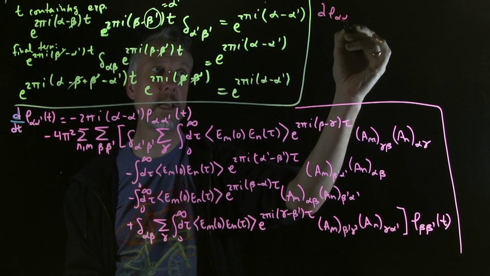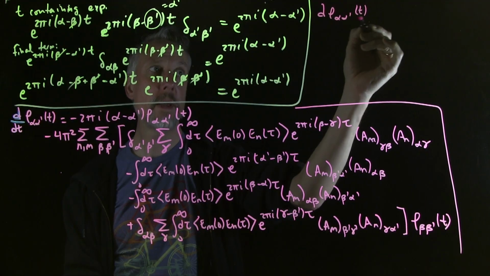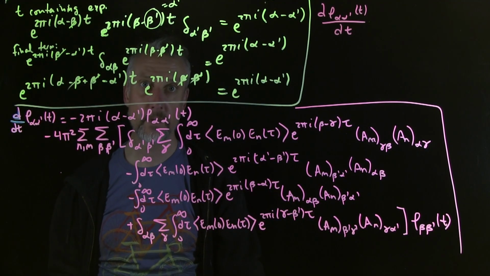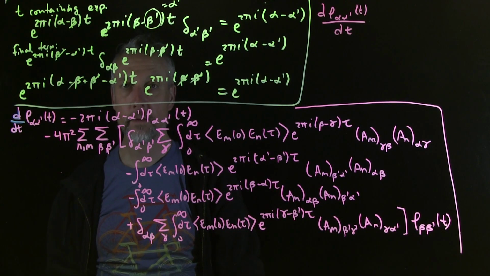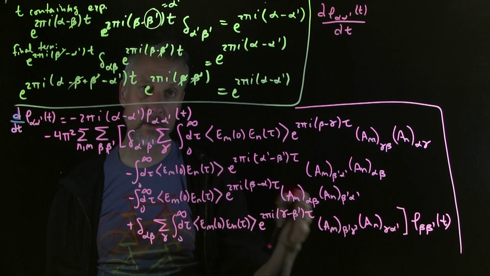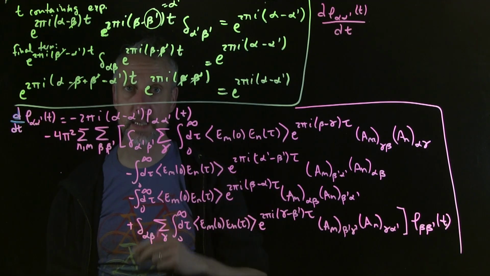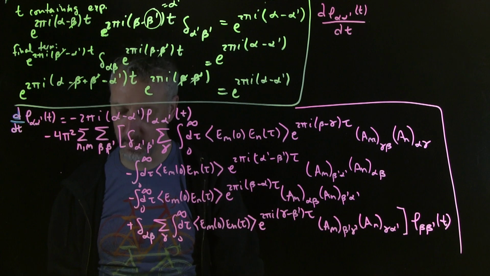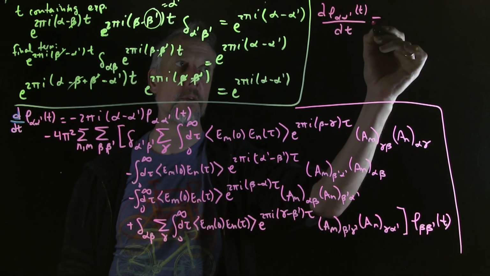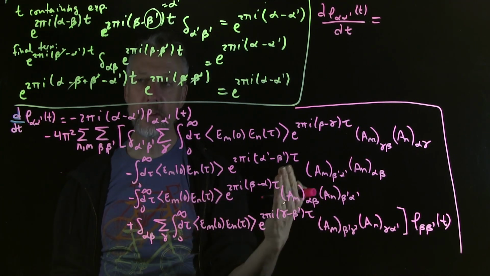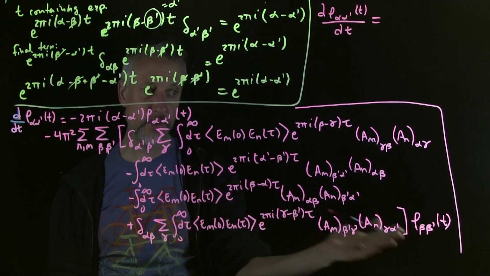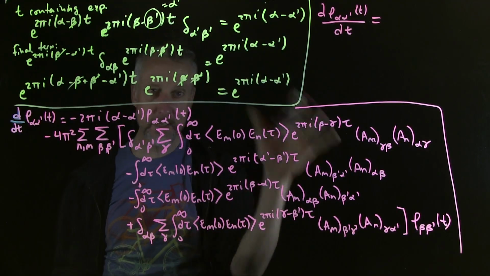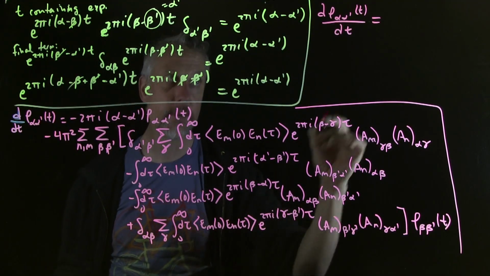So remember how many elements we had when we went to Liouville space, right? We had Hilbert space operators became vectors in Liouville space, and they had 2 indices. And the operators in Liouville space had 4 indices. So it turns out, and it's not a coincidence, but it's because it's natural to think of things in Liouville space when you're dealing with the density operator, you can rewrite this entire equation in this way.